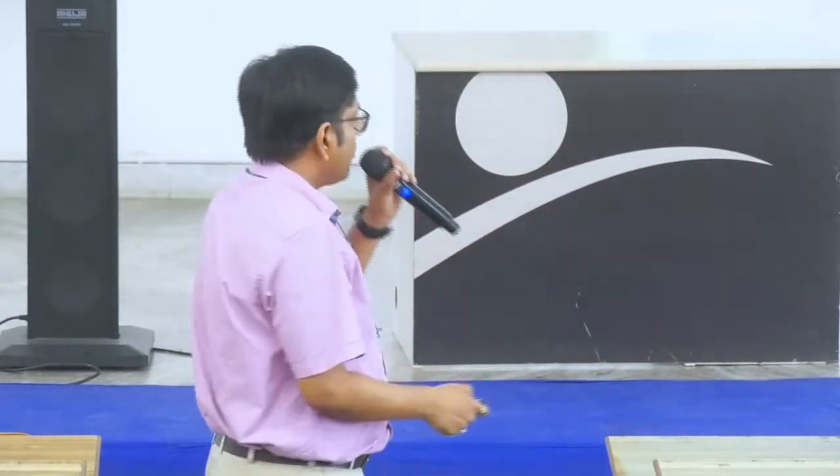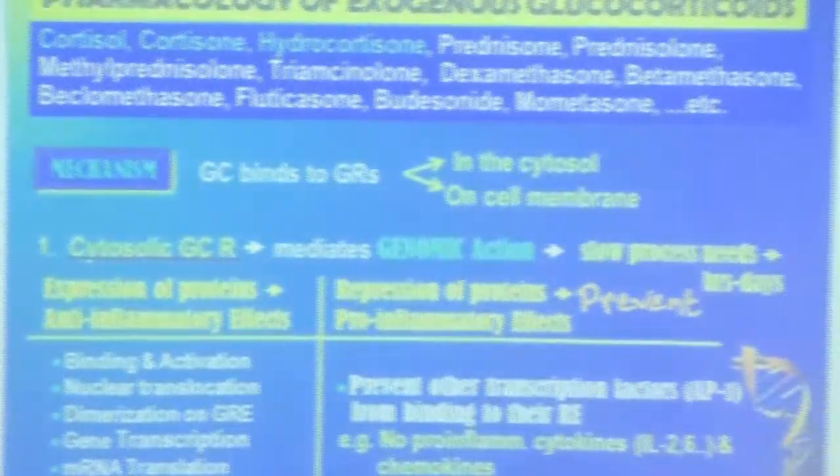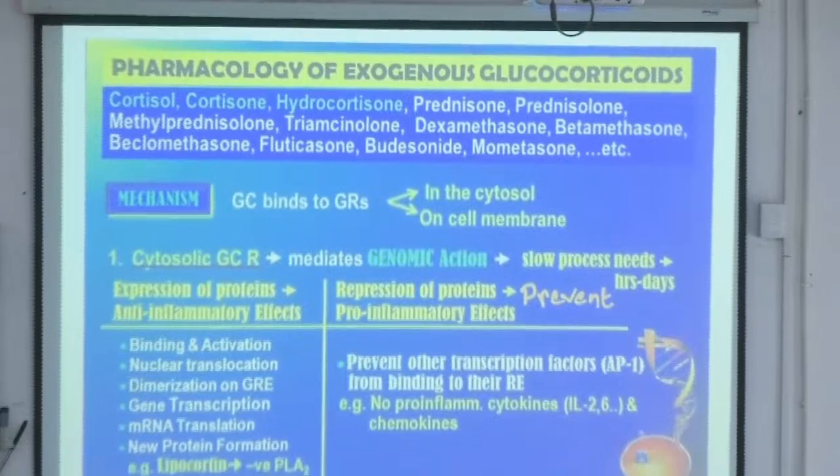That is exogenous administration of glucocorticoids. When needed, we give them in the form of tablets, injections, ointments, inhalational drugs.